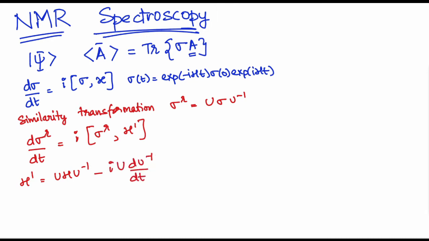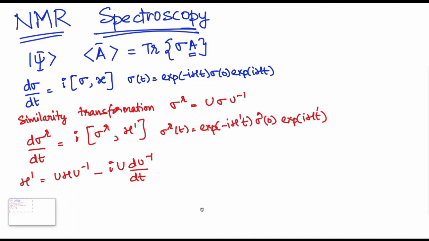Meaning that if you are able to find a unitary transformation which can make the Hamiltonian time independent, then once again we come back to a Liouville von Neumann equation, which looks like what we had started with, and therefore we should be able to apply whatever we had deduced earlier.